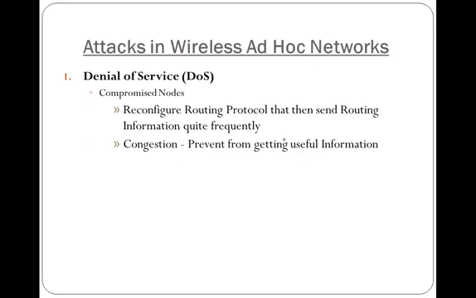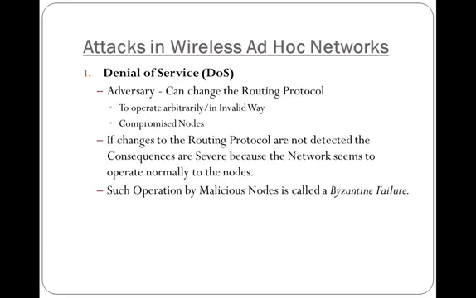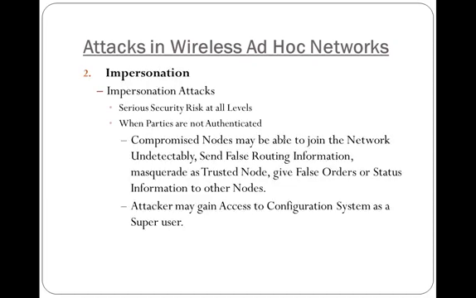These types of attacks also create additional congestion on the link, which prevents legitimate users from getting useful information or some service. Similarly, a compromised node can reconfigure the routing protocol so that the nodes might not be able to send or share correct information with the other nodes.